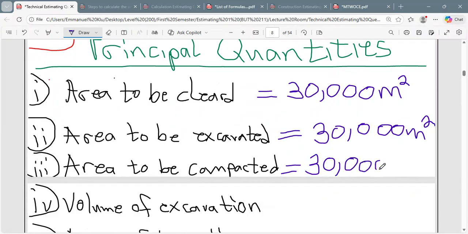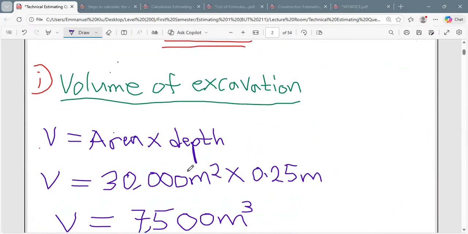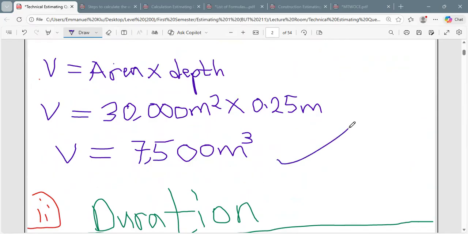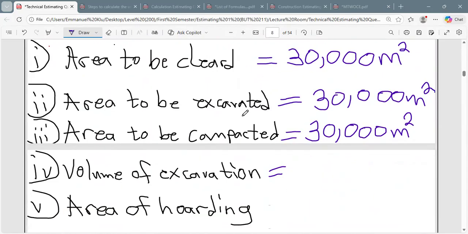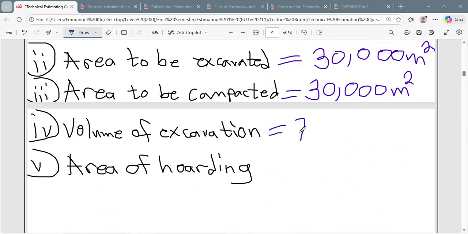They are all the same thing. But when we talk about the volume of excavation, things change. The volume of excavation is what we calculated over here, that is 7,500 meter cube.